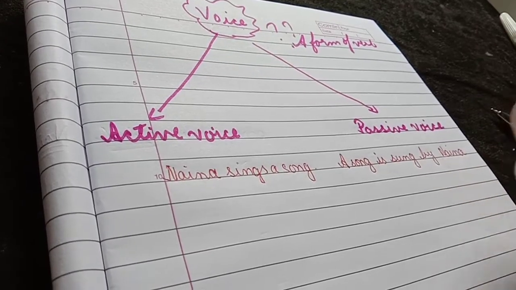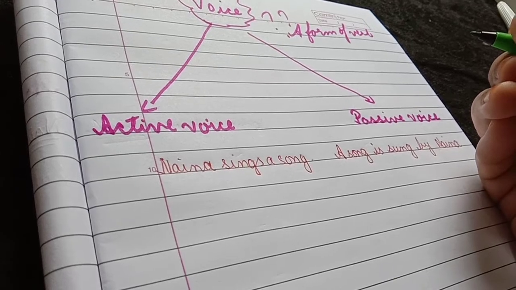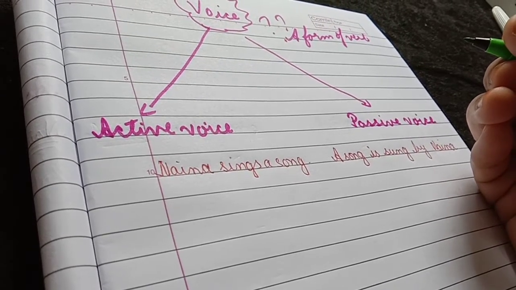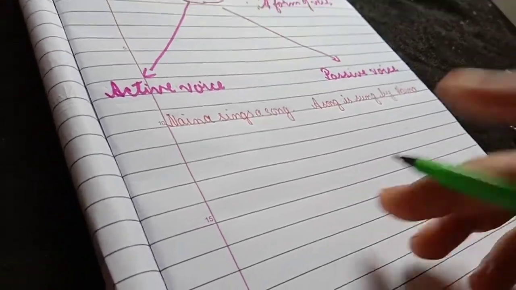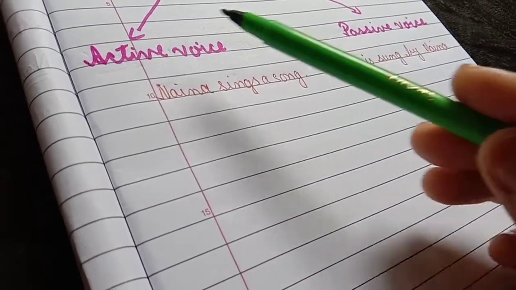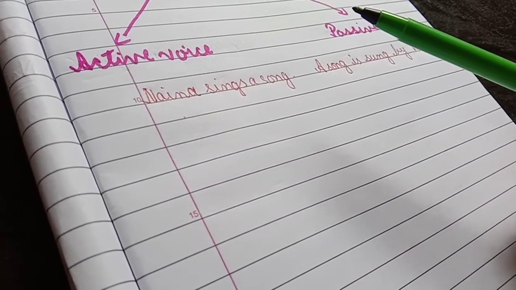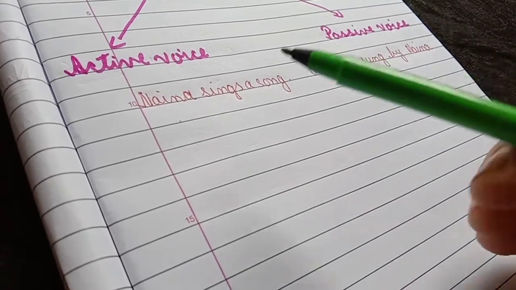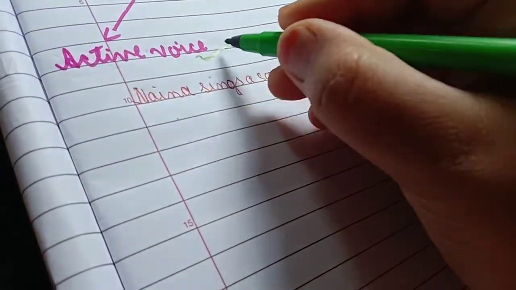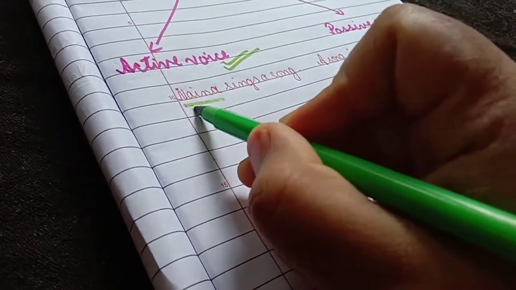Coming to how to recognize whether a sentence is in active or in passive voice. Come to this sentence. I have already mentioned that this sentence is in active voice: Nena sings a song. Now, how do we know that this is in active voice? Always remember, in the active voice, the subject is given importance.